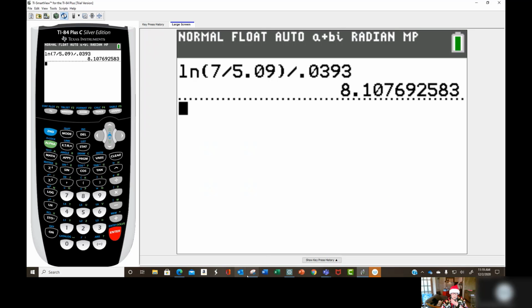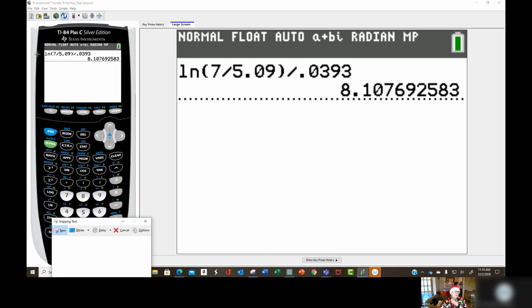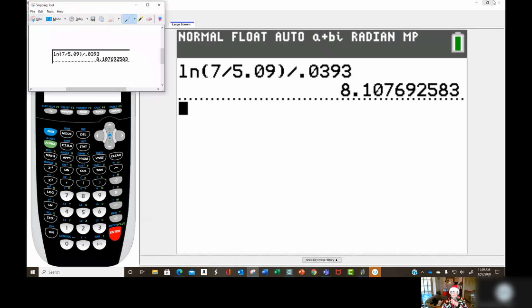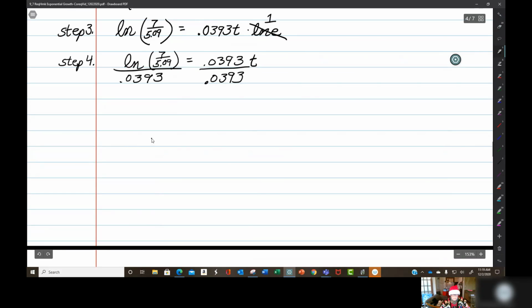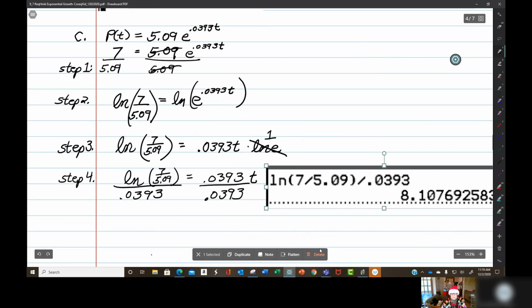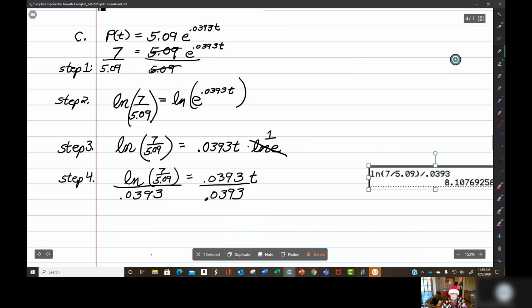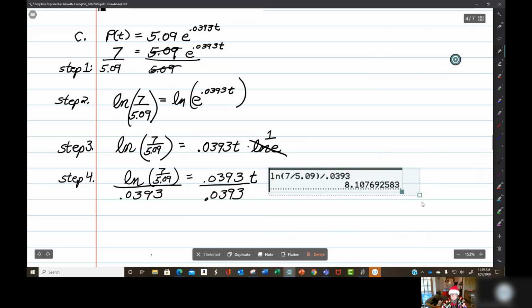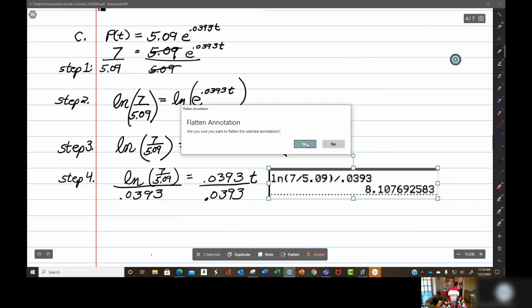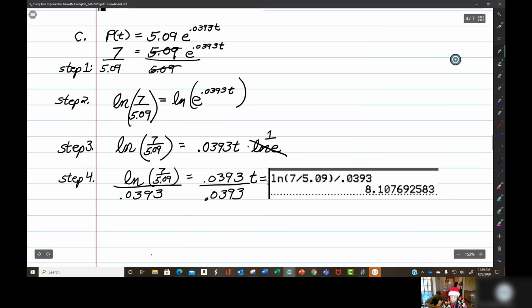So I'm going to move that answer over to the notes. I'll make this look real fancy and put an equal sign. T equals, looks like I always knew it.